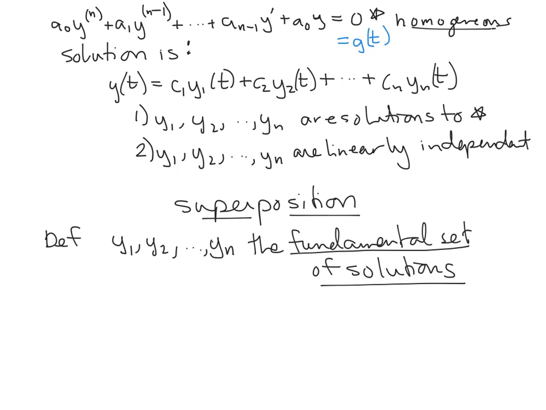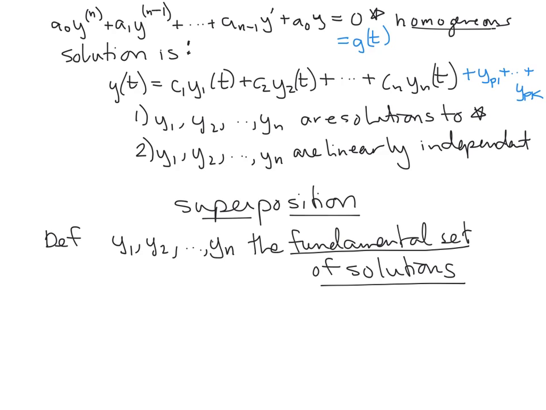Then you get a whole other set of functions. Let's call this y sub p, because these are called the particular parts, plus a bunch of them, up to y sub pk. So y sub p1 is a particular solution and it's the first one, and we could have k of them.